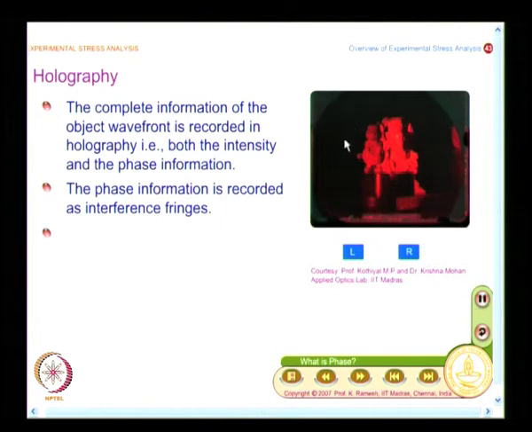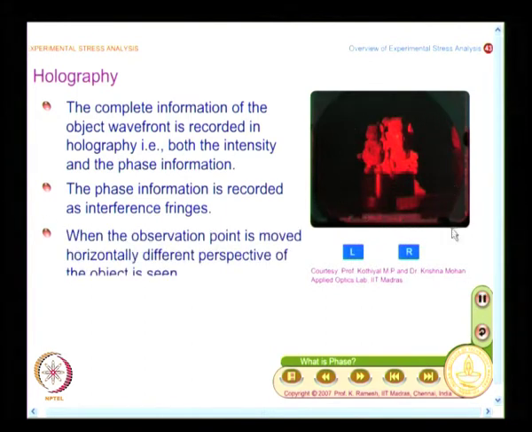I have a hologram here, and the important point is, first observation, the image is not as good as what I record in normal white light. But because I record the phase information, when the observation point is moved horizontally, different perspectives of the object are seen.